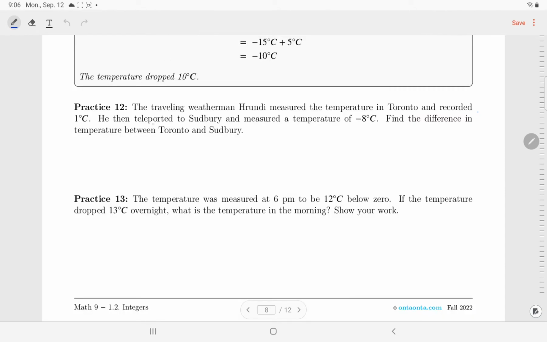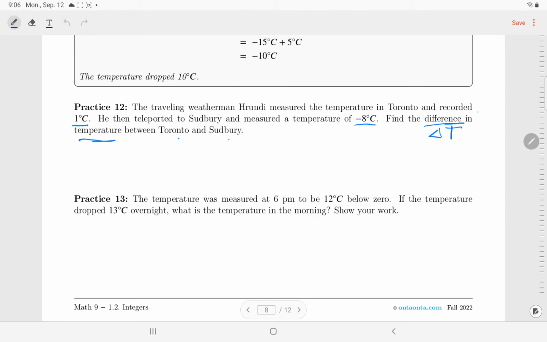Practice 12. The traveling weatherman Hrundi measured the temperature in Toronto and recorded positive 1 degree Celsius. He then teleported to Sudbury and measured the temperature of negative 8 degrees Celsius. Find the difference in temperature between Toronto and Sudbury.